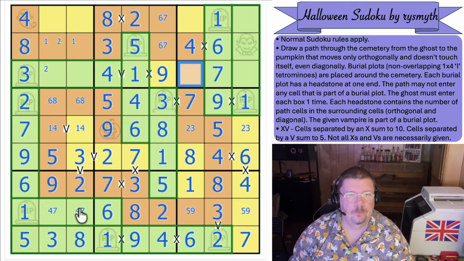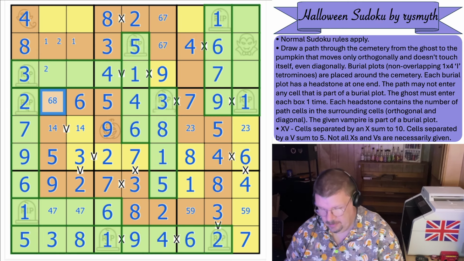So this 8 is looking up. That's a 6. That's an 8.